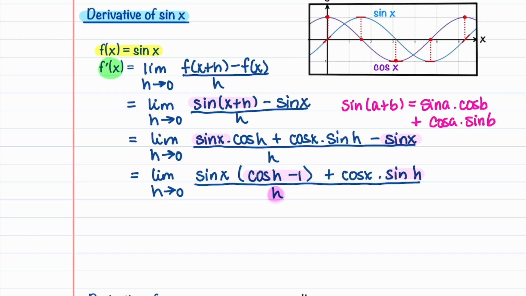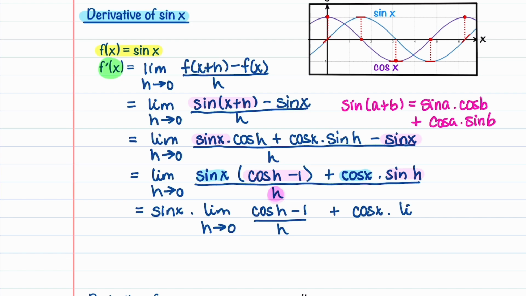So let's split what we have into two pieces and pull out the sine x and cosine x because they don't have h in them. This gives us sine x times the limit as h goes to 0, cosine h minus 1 all divided by h, plus cosine x times the limit as h goes to 0 of sine h over h.